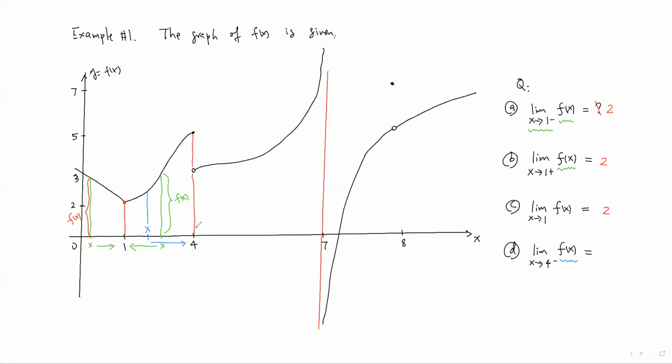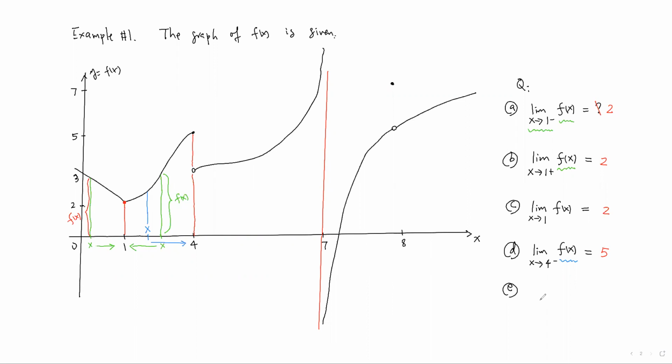The length of this red line is function value at 4, the height of this solid point. The height of this solid point is 5. Therefore, this limit is 5. When x approaches 4 from the left side, function value is closer and closer to 5. This is D.